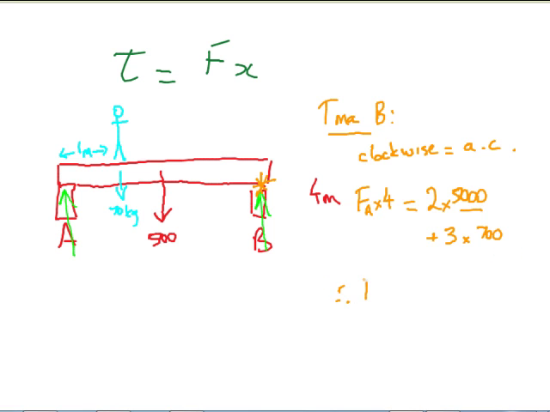Therefore, F of A must equal 10,000 plus 2,100, so that makes it 12,100 over 4, dividing by the 4 meters to support A.